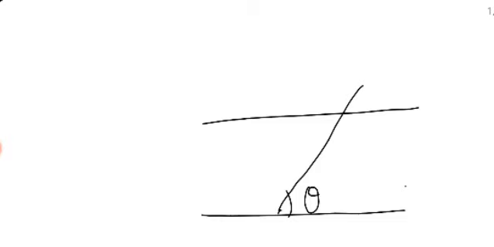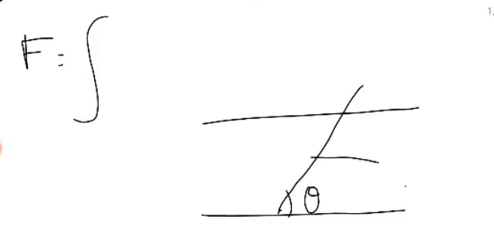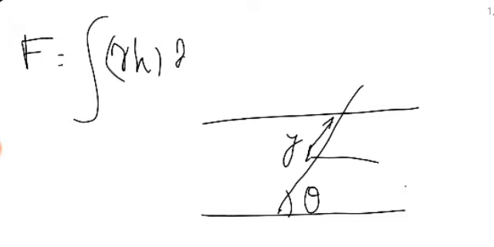In that case, to find the total force, we have to integrate at each depth. So at some inclined depth y along the plate, we have the pressure as gamma h and dA as the area of the strip.